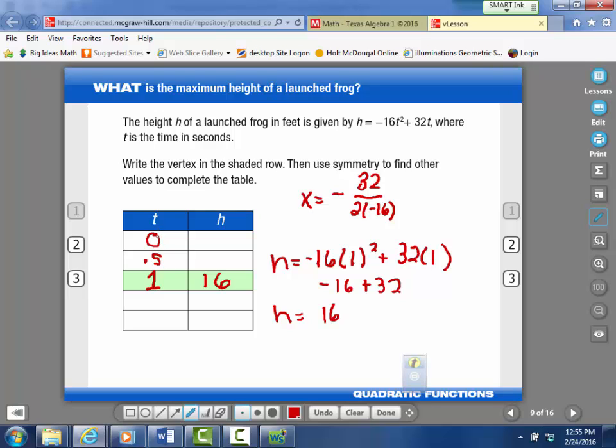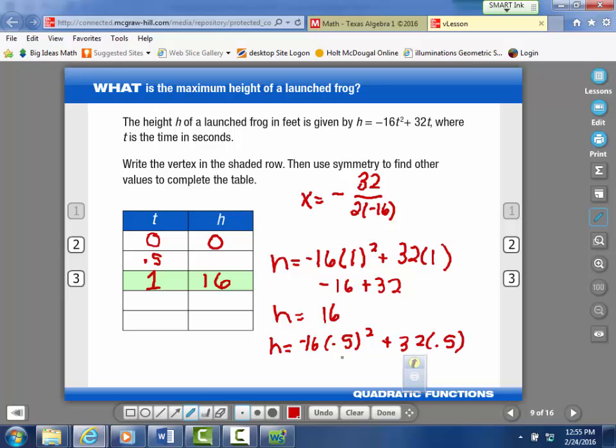So at 0, if we substitute 0 in for our t value, well, at 0, he's still on the ground, right? So our height was only at 0. Okay, so after half a second, what's that going to be? Okay, so h equals -16 times 0.5 squared plus 32 times 0.5.